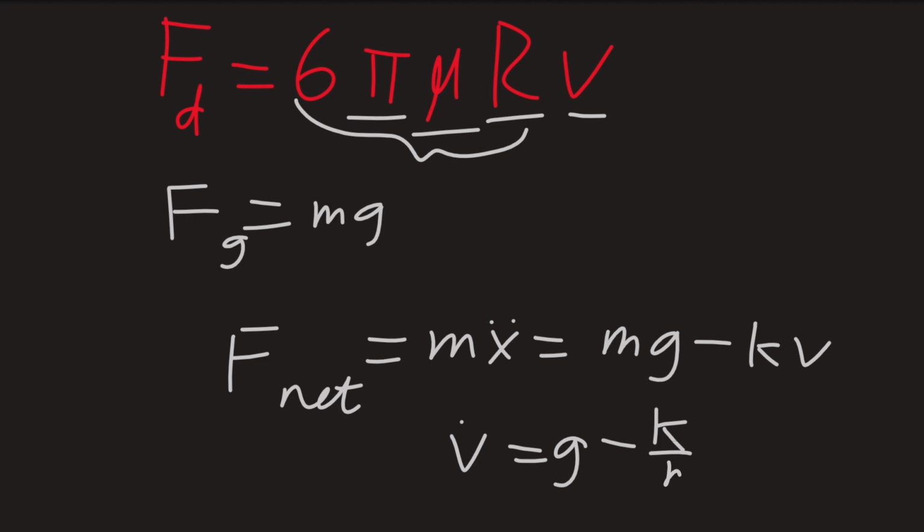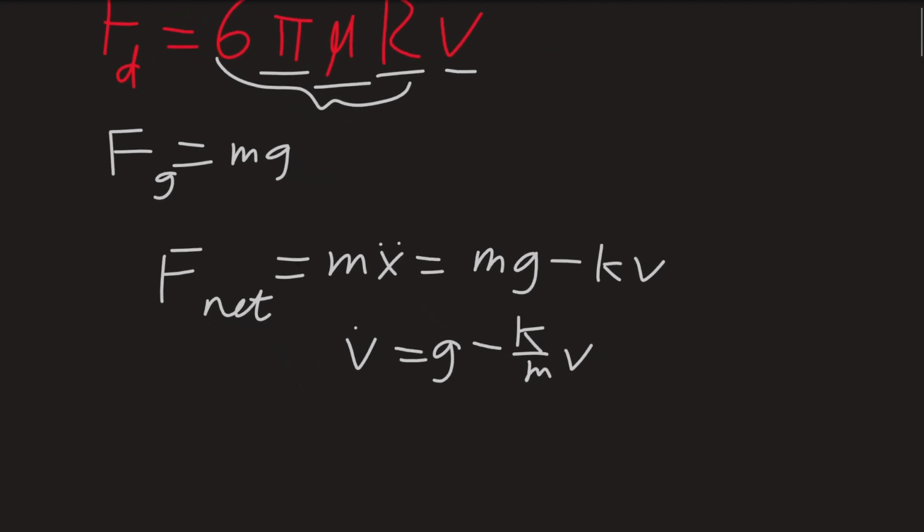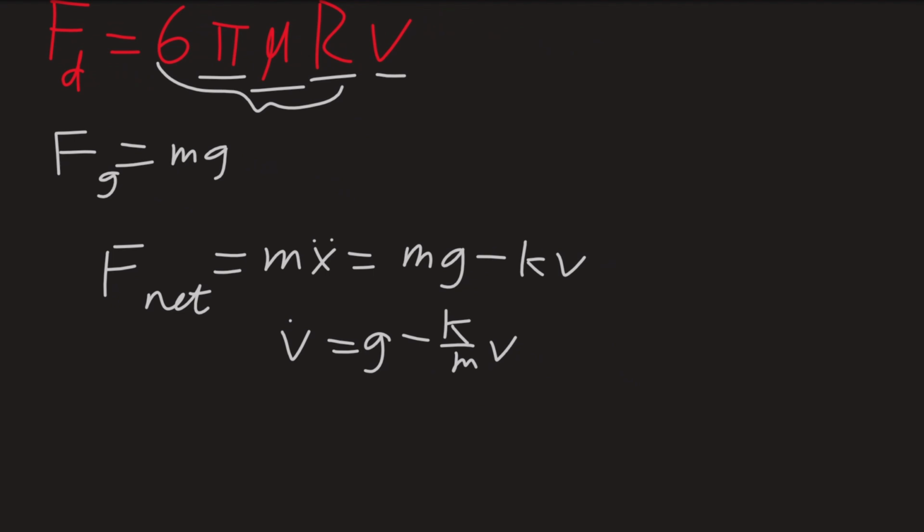This differential equation actually isn't that bad to solve. We can just separate it. Divide both sides by g minus k over m v, and we get v dot over g minus k over m v equals 1.